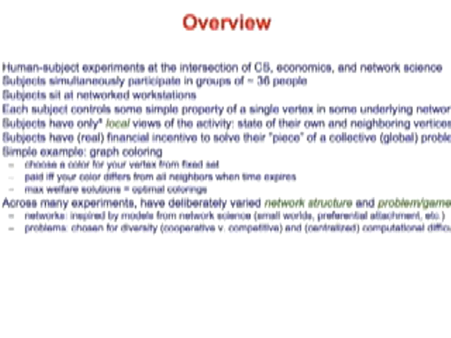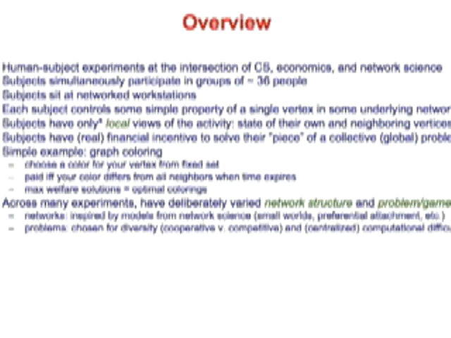And what is the actual problem or game they're playing? In this case, it's graph coloring, but as you'll see, we've tried several different problems as well. And you'll generally see that the networks we've chosen are inspired by some mixture of models from the so-called burgeoning field of network science, much of which has played out in the literature, the pages of Science and Nature, alarmingly.